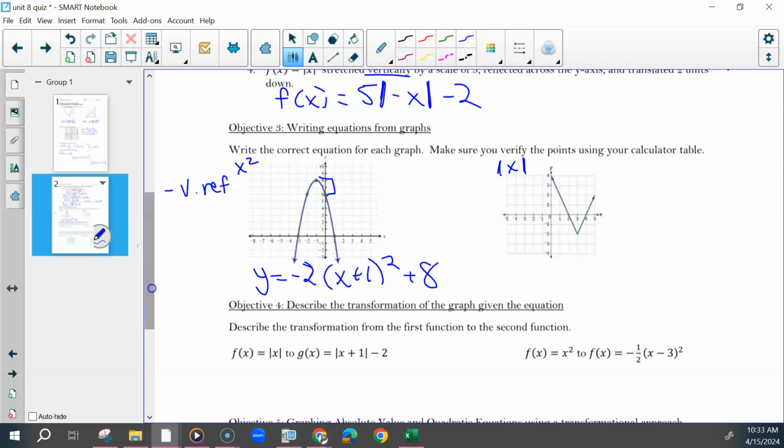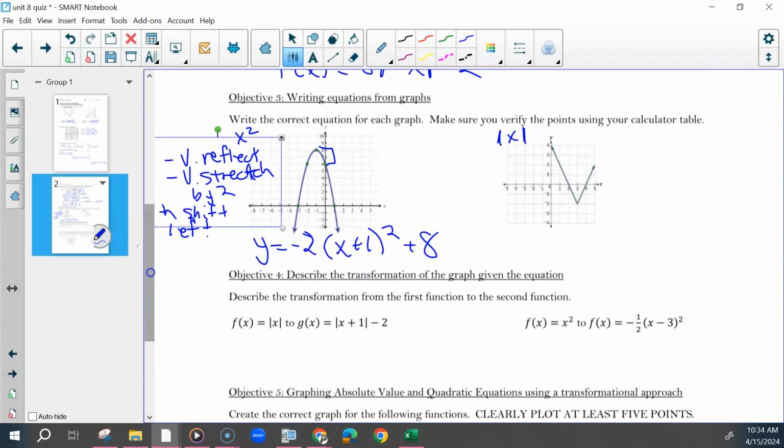So it reflected, vertically stretched by 2, horizontally shifted left 1, and vertically shifted up 8.